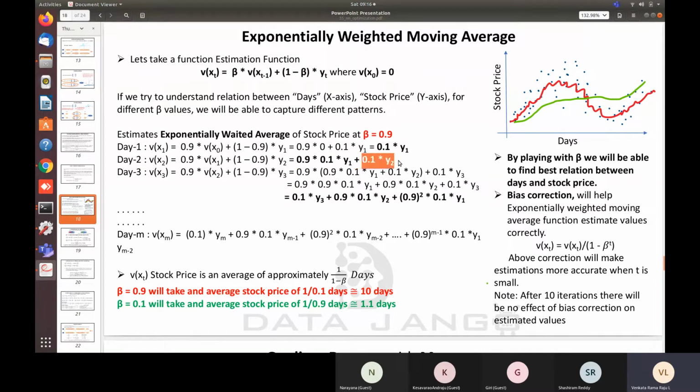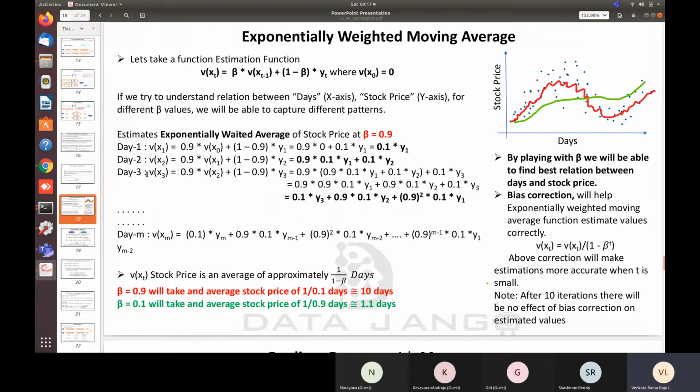Again, I am taking the second day's 10% only, but the first day's 0.09, which is 9%. So first day is 9% plus second day is 10% that I am considering in predicting the second day. For the third day, the third day is 10%, the second day is 9%, and the first day is maybe 0.81%.